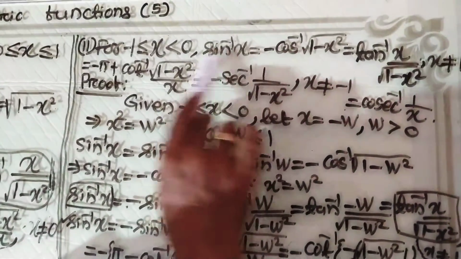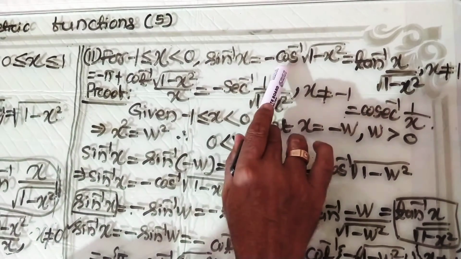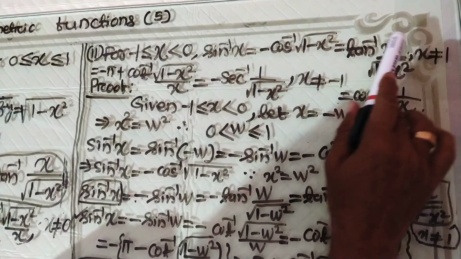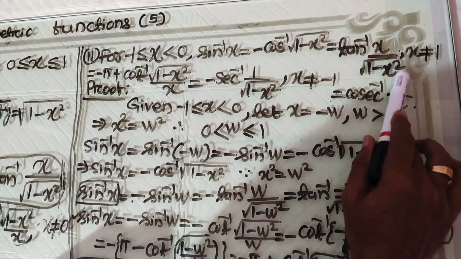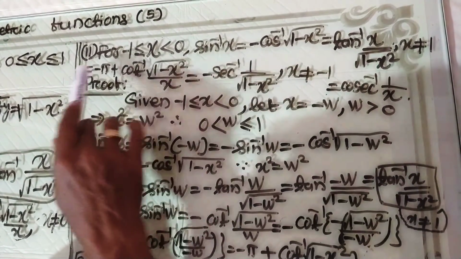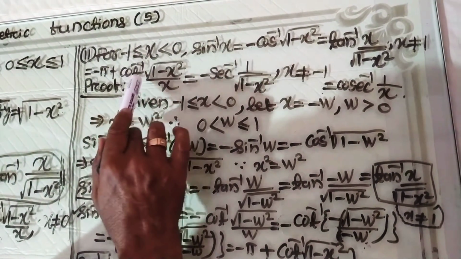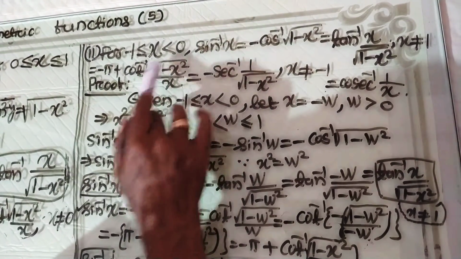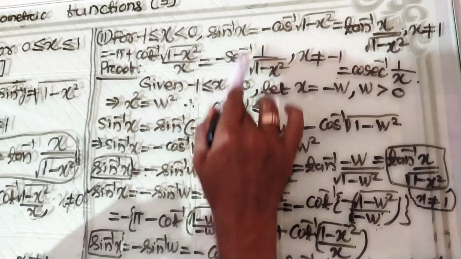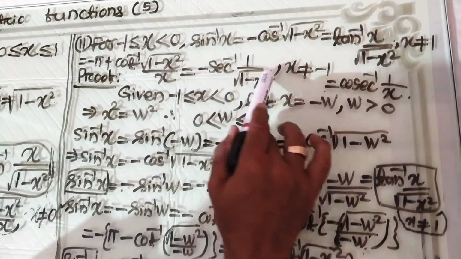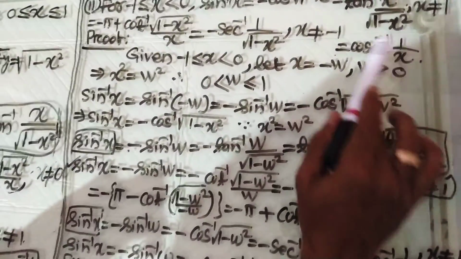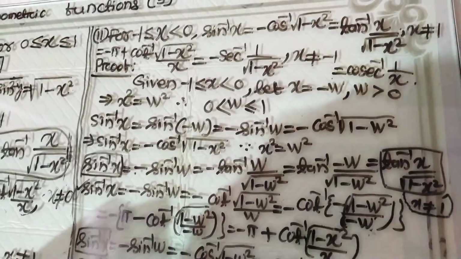Here we prove that sin inverse x is equal to minus cos inverse root over 1 minus x square, is equal to tan inverse x by root over 1 minus x square, where x is not equal to 1, is equal to minus pi plus cot inverse root over 1 minus x square by x, is equal to minus sec inverse 1 by root over 1 minus x square, where x is not equal to minus 1, and is equal to cosec inverse 1 by x.